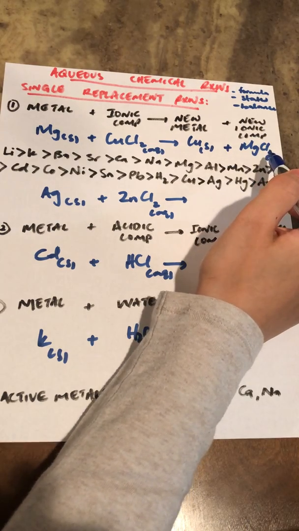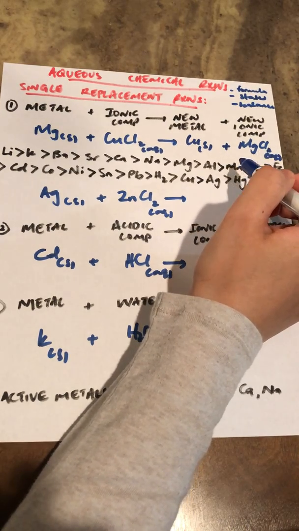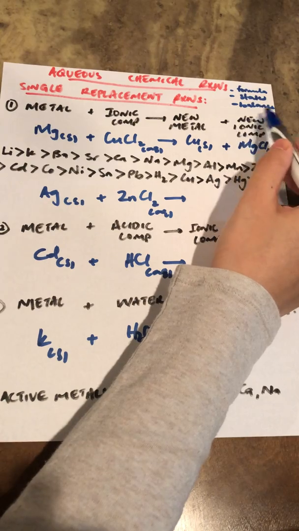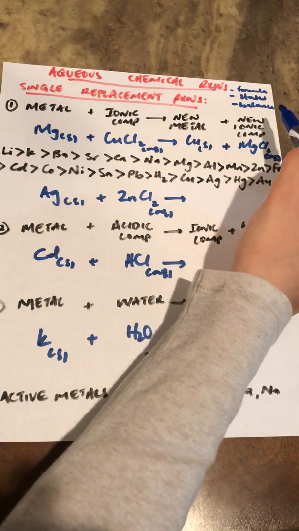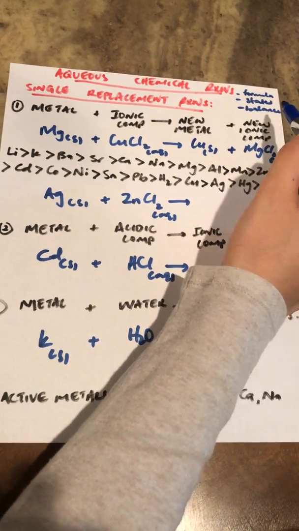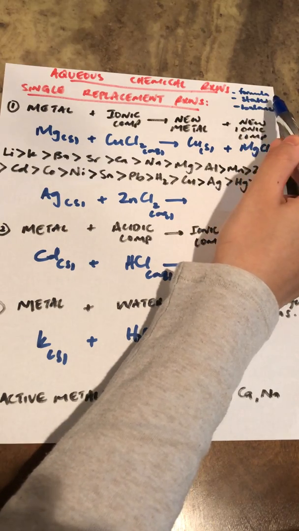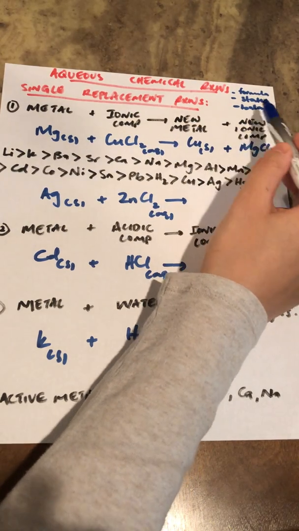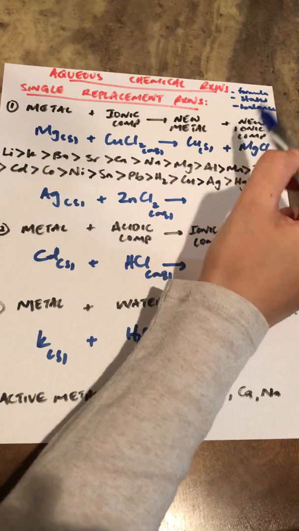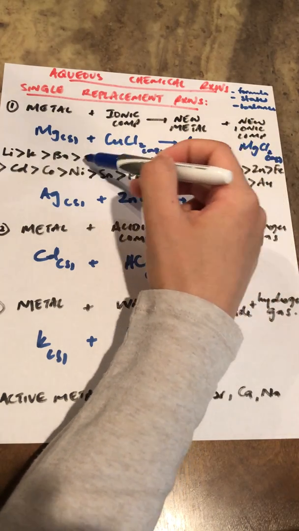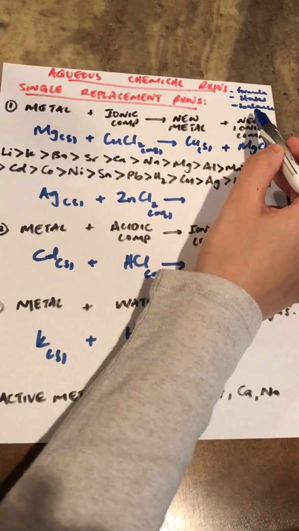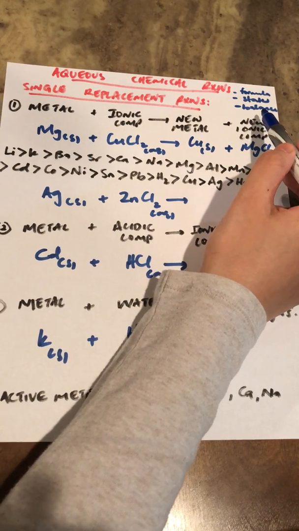The other thing that I'm going to do over here is also balance my chemical equation. Now keep in mind, guys, in general chemistry you are expected to write the right formulas of all of the reactants and products. You're also expected to write the states of matter in any equation, and you're supposed to balance every reaction that you write.